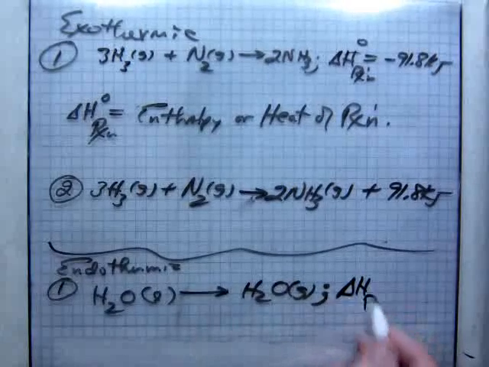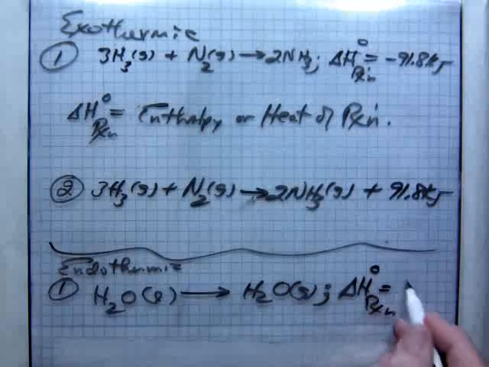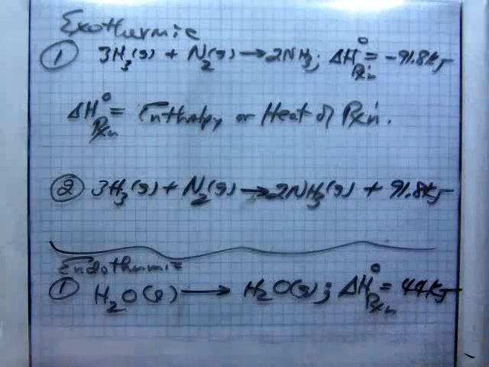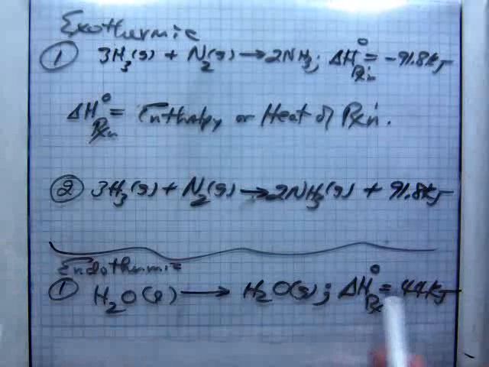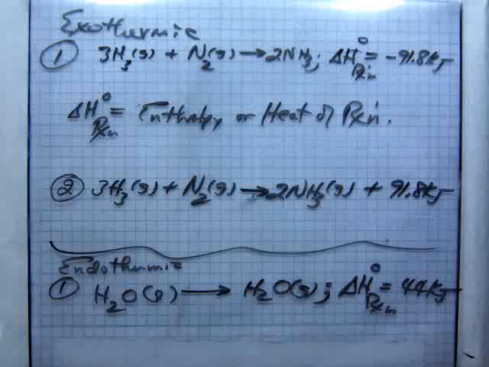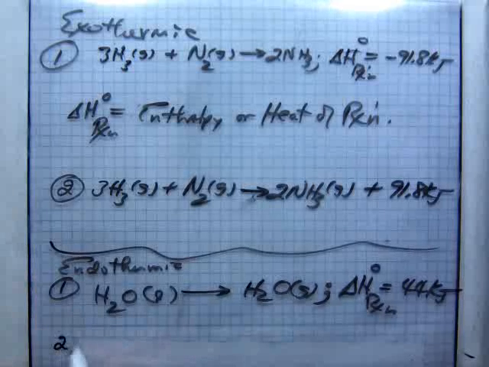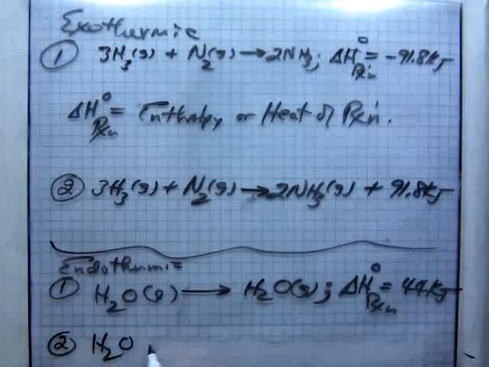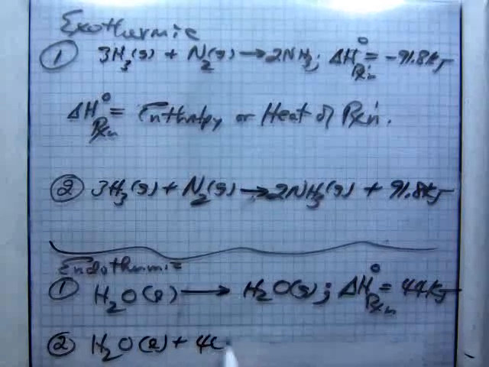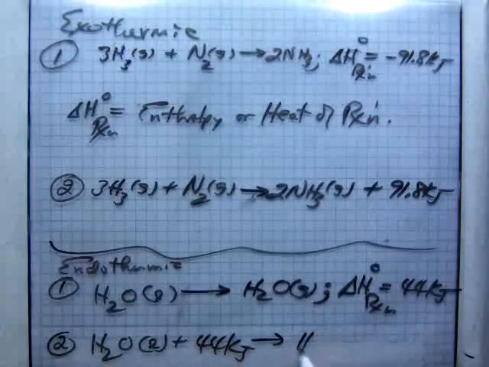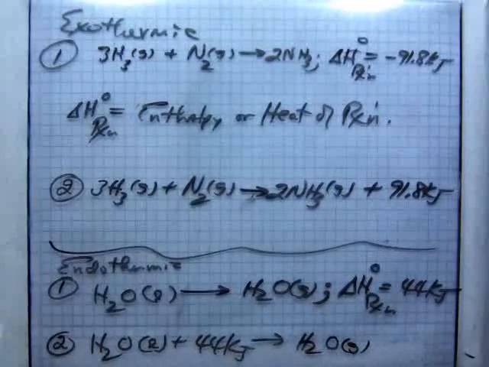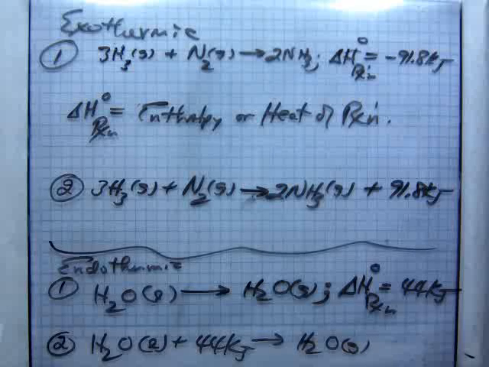Delta H of that reaction is equal to 44 kilojoules in that symbolic format. Notice it doesn't have a symbol. You could put a plus there if you want to, but it still means endothermic. Energy is gained by the system. Or you can incorporate that on the reactant side like this, and that also is an appropriate endothermic reaction.